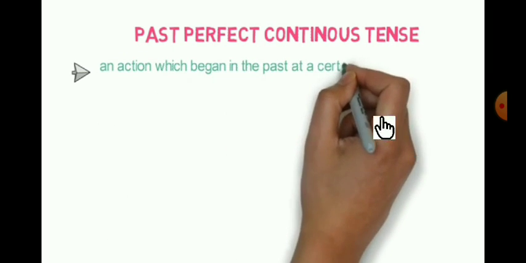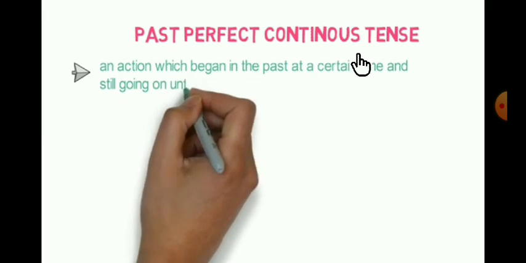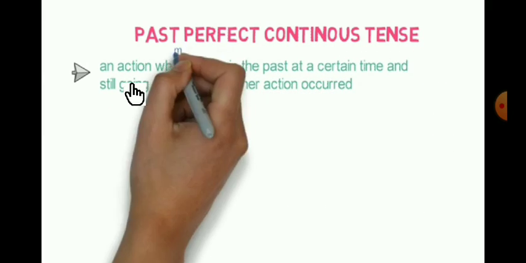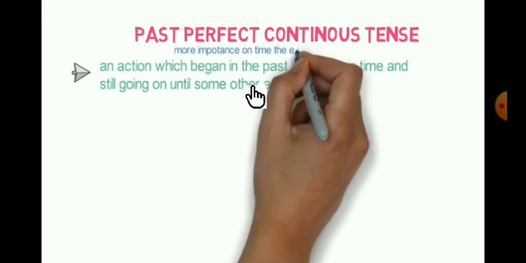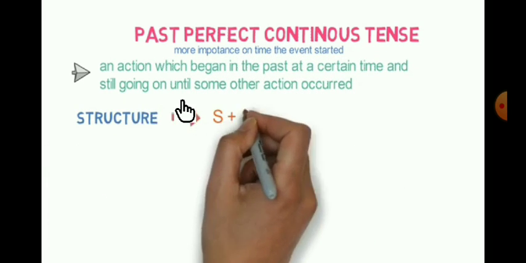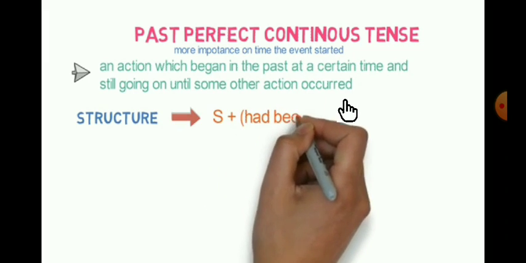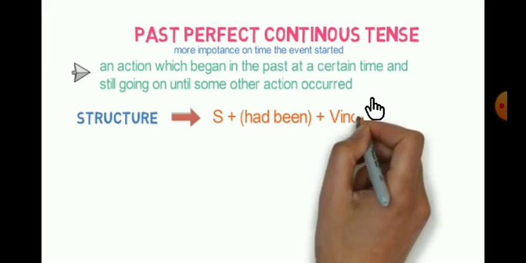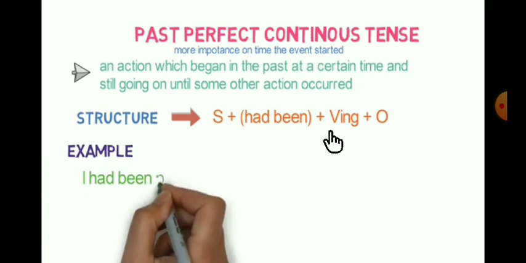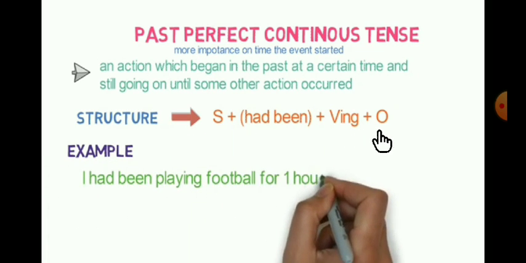All right, now we come to past perfect continuous tense. What is a past perfect continuous tense? It is an action which began in the past at a certain time and was still going on until some other action occurred. The sentence structure is subject plus had been plus verb in the form of ing plus object.